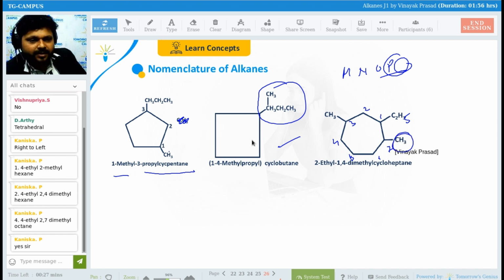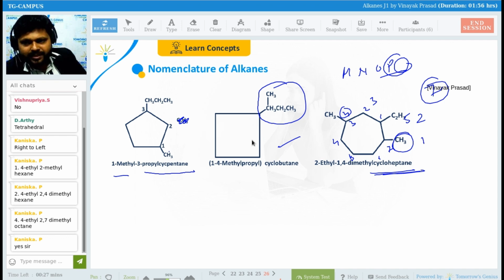So we cannot do it like this. We have to start our counting like this: 1, 2, then 3, and then this 4. So 2-ethyl, 1, 4 dimethyl cycloheptane, right? Total number of carbons is 7. So 2-ethyl, 1, 4 dimethyl cycloheptane. Is it okay? Fine, everyone.